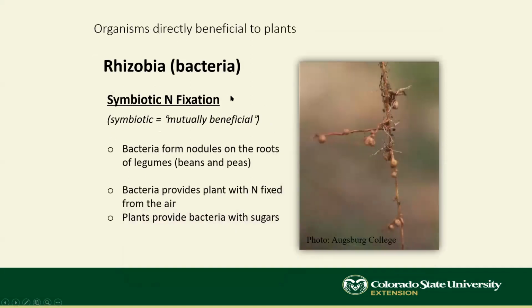One of the bacteria that's really helpful to our legume species, like your peas and clovers and vetches and beans, are these rhizobacteria.